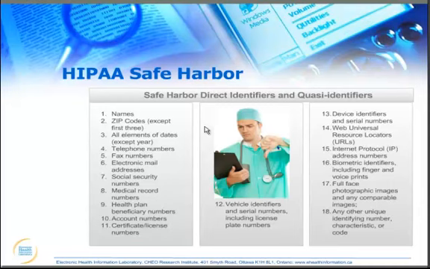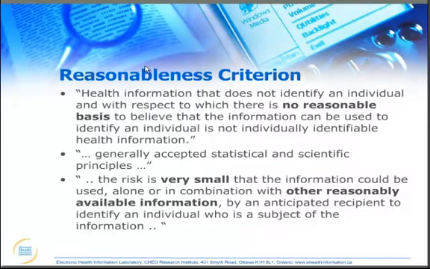So HIPAA applies the reasonableness criterion. The definition of de-identified information is health information that does not identify an individual and with respect to which there is no reasonable basis to believe that the information can be used to identify an individual, and that is not individually identifiable health information.